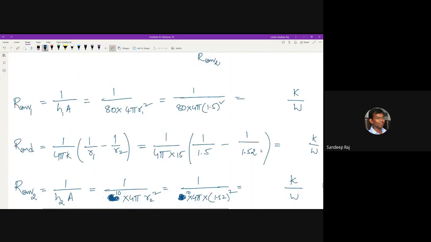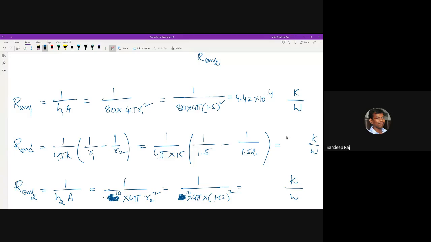Resistance values. R convection 1, what is the value? Somebody please tell me what is this value? 4.42 into 10 to the power of minus 4. Good.